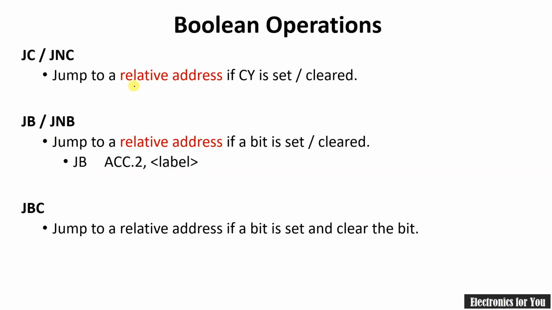I will not explain it in detail, but simply, JC means jump on carry. If the carry flag is set, then it will jump. JNC means jump on no carry. If the carry flag is not set, then it will jump, meaning the program counter's address will be changed to a particular address, and program control will shift to that address.